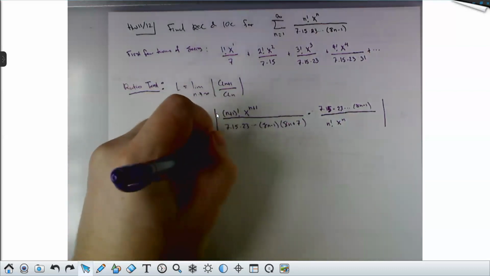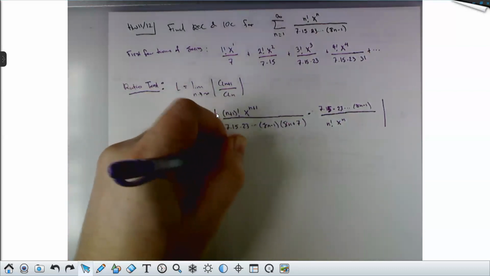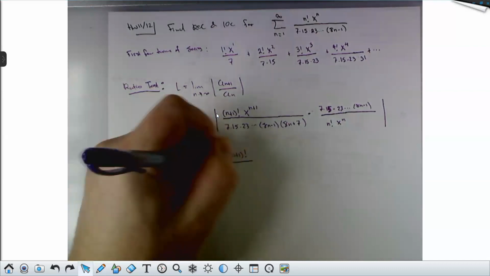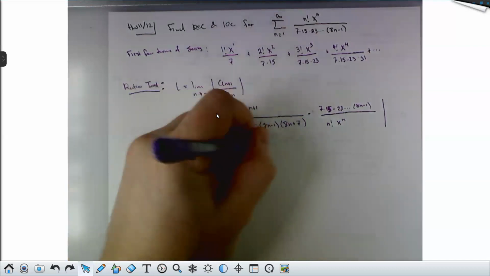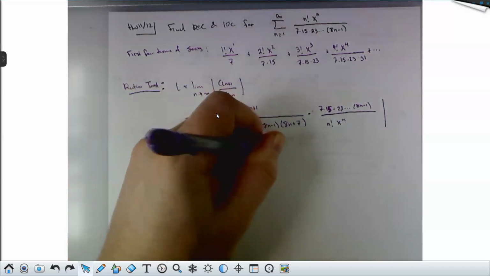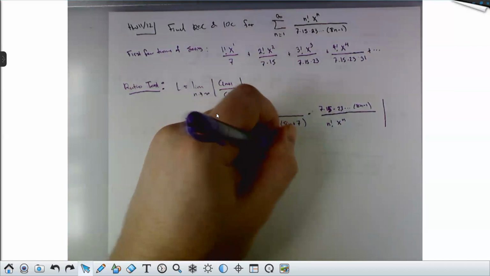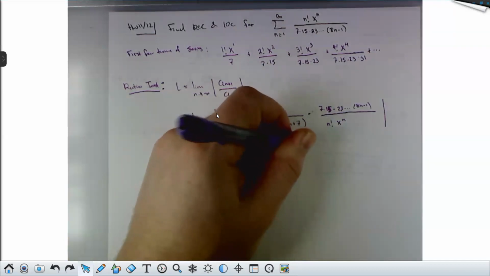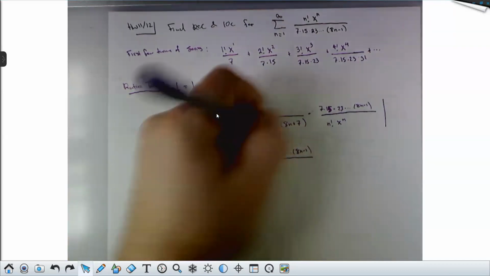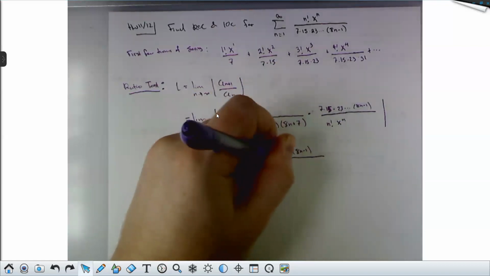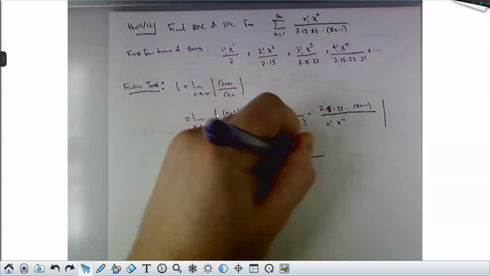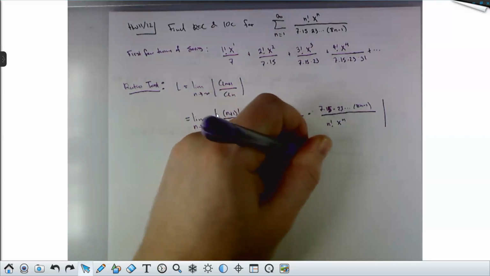So we have n plus 1 factorial over n factorial. We have 7 times 15 times 23 out to 8n minus 1 over 7 times 15 times 23 out to 8n minus 1, 8n plus 7.